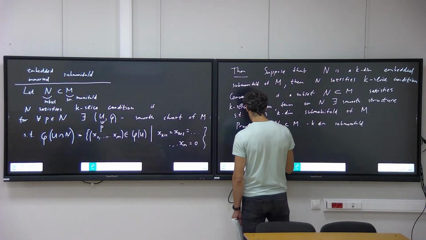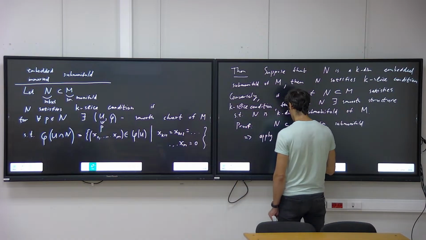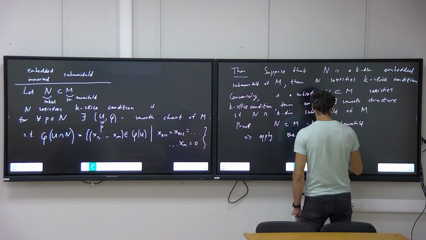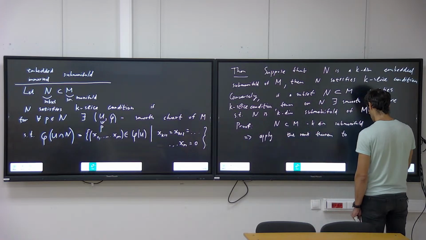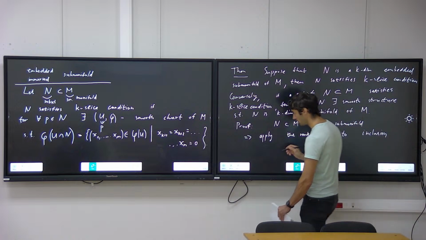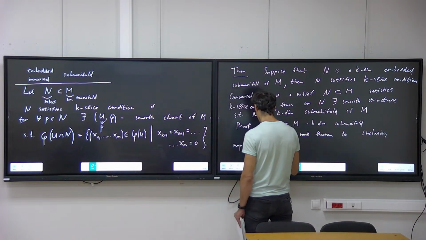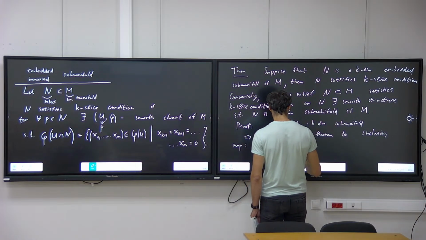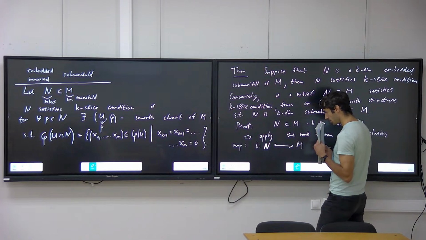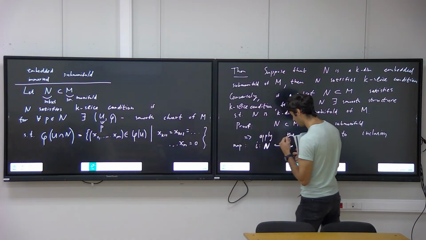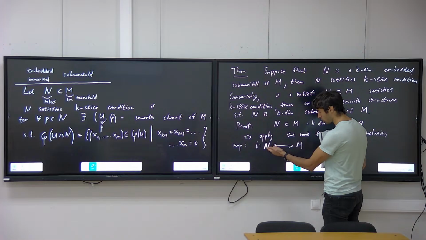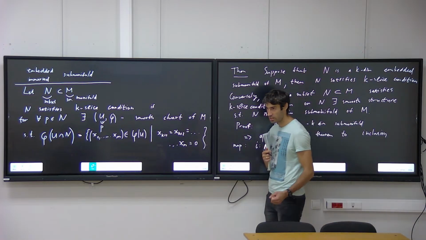Then we just apply the rank theorem to the inclusion map, N is included inside M. You should check that this is a map of constant rank, and this rank is k.